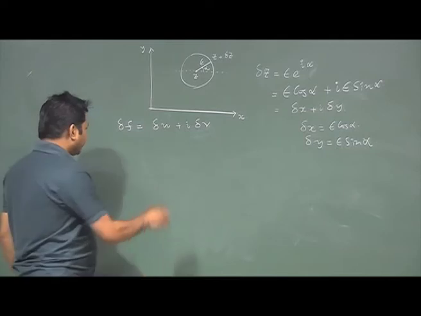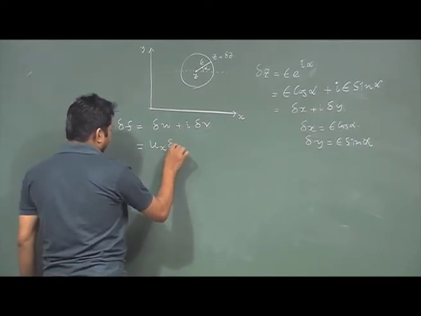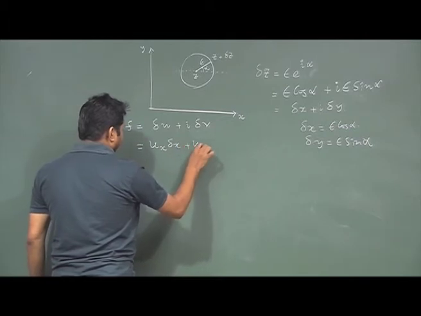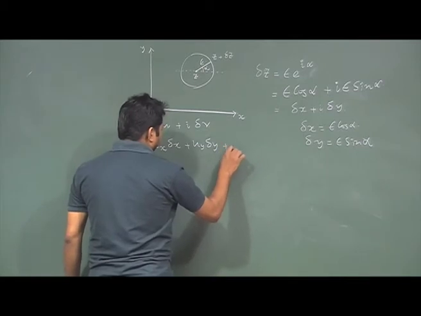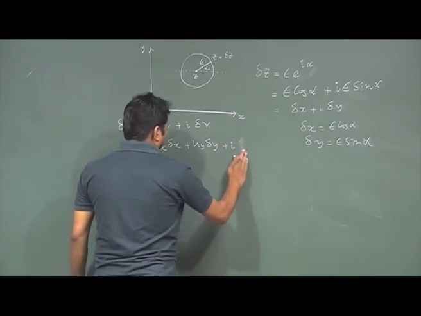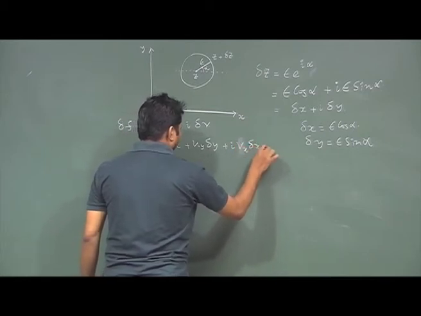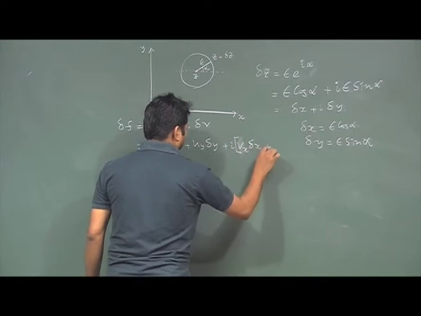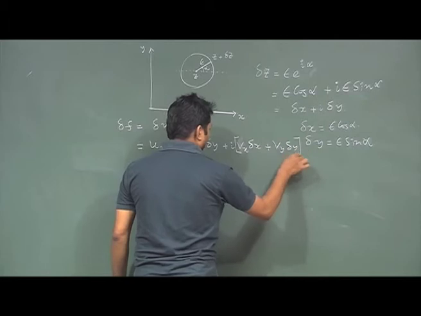So, delta u I can write as u_x delta x plus u_y delta y, plus i times v_x delta x plus v_y delta y.